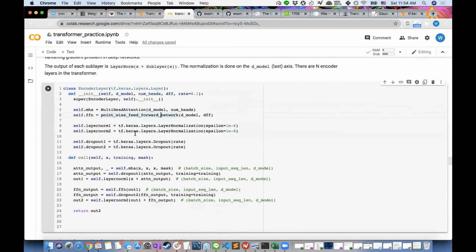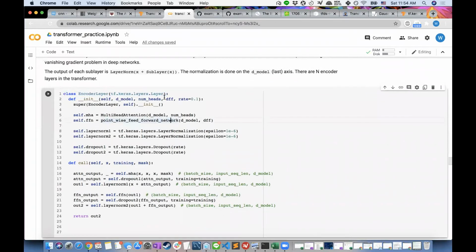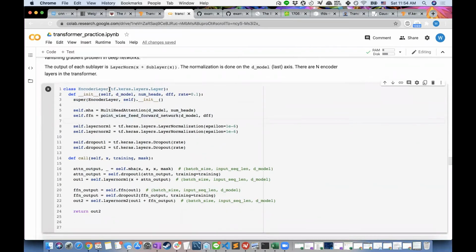Okay, let's go through this. We have an encoder layer as a class. We inherit from tf.keras.layers.Layer, and we initialize the parent so that we can inherit from that class.